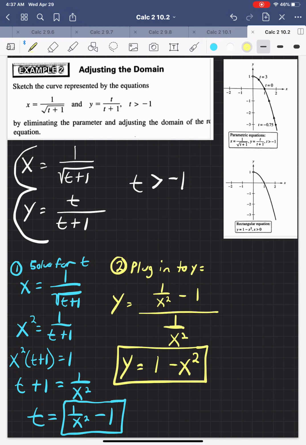So now here is the graph of the parametric equations. If I graph 1 minus x squared, I'm going to get this.